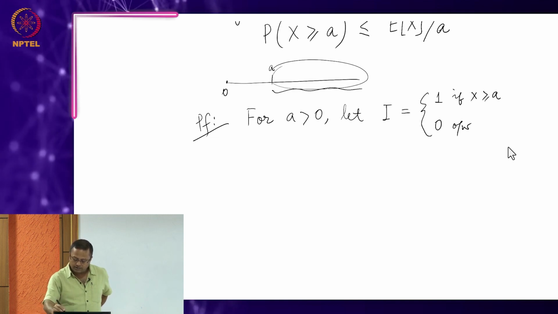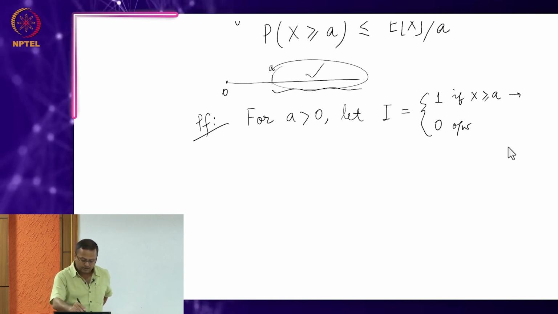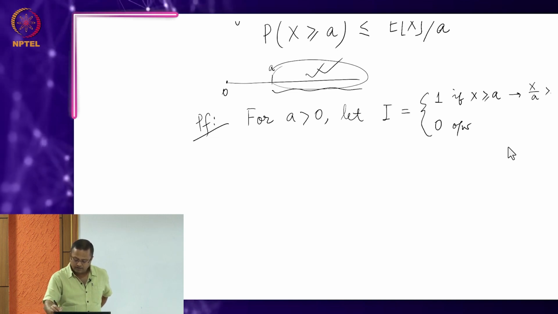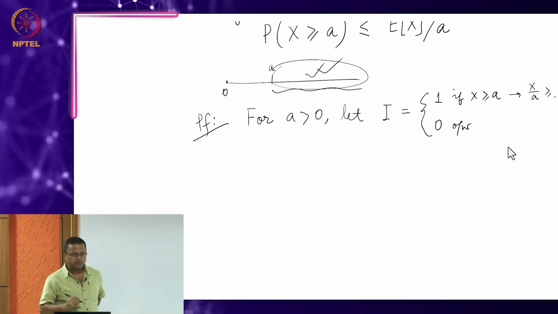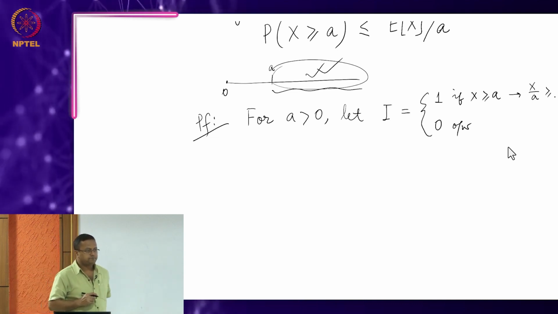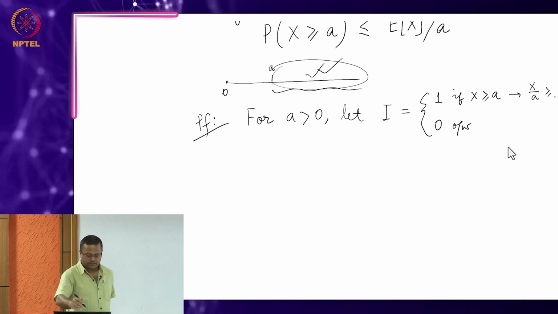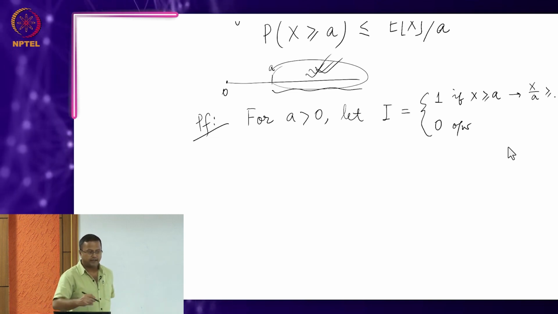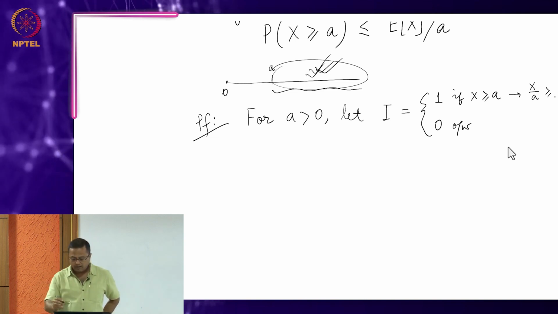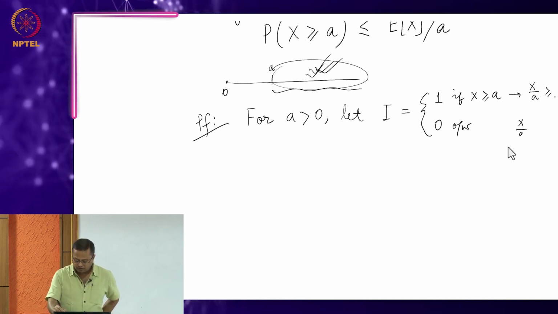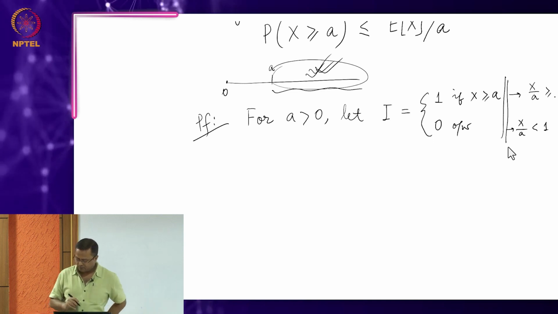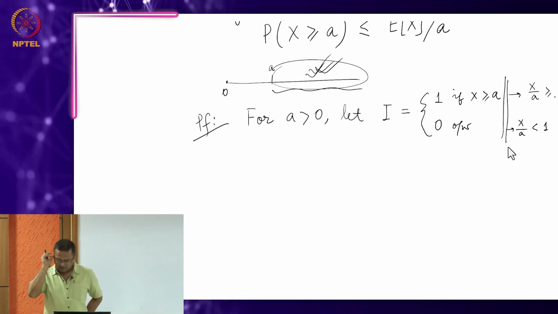So, if you look into this area, for this area x by A is surely greater than 1, right. Because your x is in this zone, greater than A. So, x by A is going to be more than 1, and for this zone your x by A is kind of less than 1. Okay.